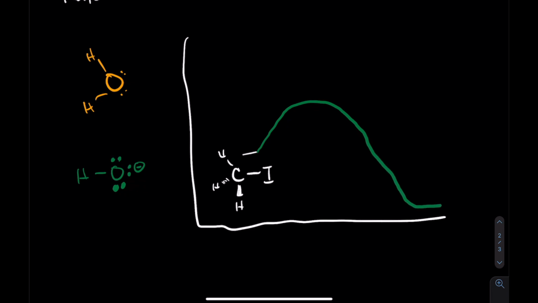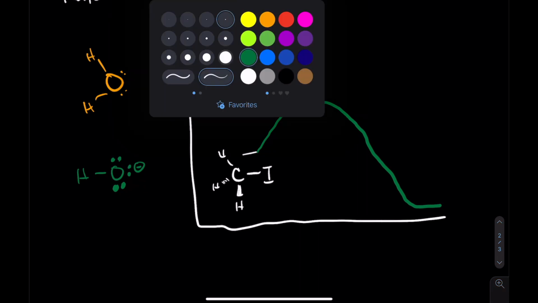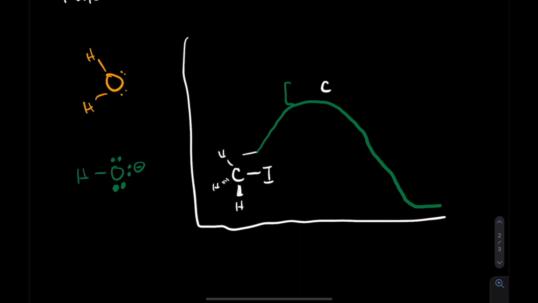So this is our hydroxyl group. We're going to have to draw a transition state here. And let's see here. What does that transition state look like, do you suppose? Hopefully you can do this in your head with me. That's going to be a carbon, and in fact, let's switch this to white so that I can be quite clear. We're going to have a carbon, and that's going to have an iodine, and then that's still going to have a hydrogen, and hydrogen here.